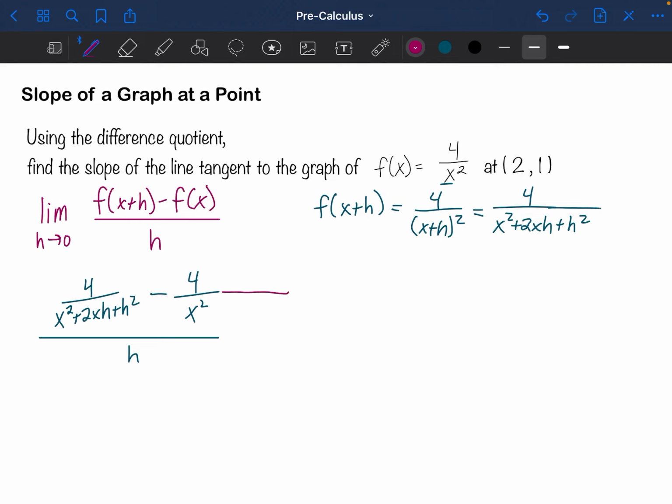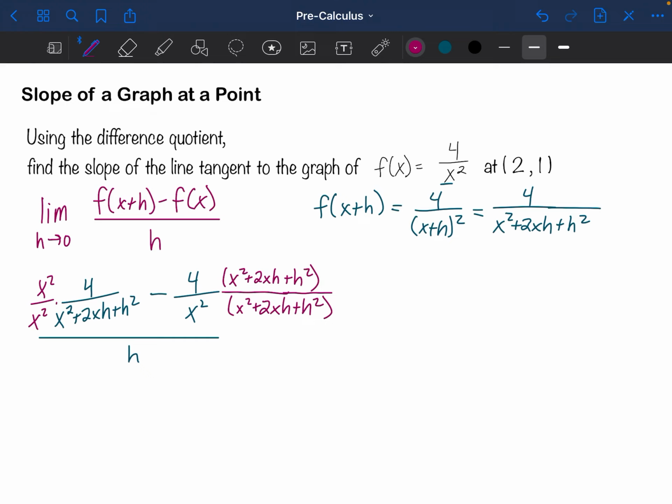So I'm going to multiply this side by x squared plus 2xh plus h squared, and the same thing in the denominator there. And then over here, we're just going to multiply by x squared over x squared. Let's distribute it out.